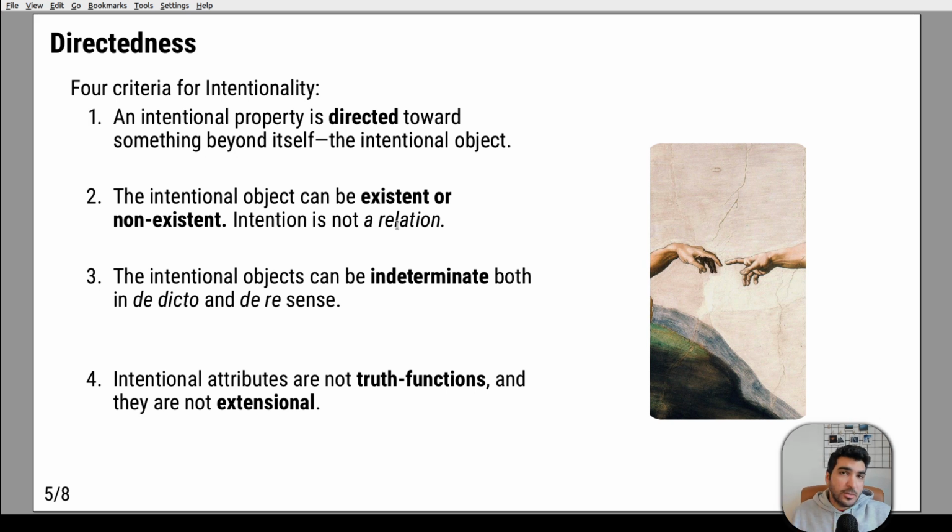The intentional object can be existent or non-existent, which means that intention is not a relation. Like, we can think about the money in the box even though the money might not exist. So that direction, that looking at, thinking about, can exist without that thing at which we are aiming exists, which basically means that it's not a relation, because a relation needs both relata to exist.